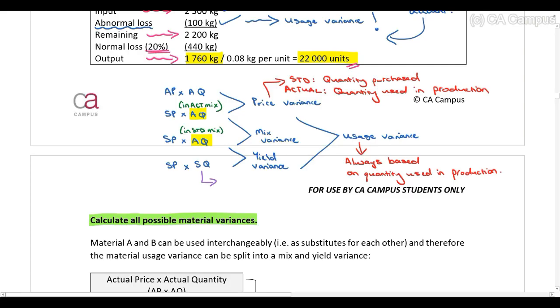So please note this standard quantity over here in all of your calculations will always be flexed to actual output. Because we always calculate variances by comparing actual results to flexed budgets, not original budgets. So this must be flexed to actual output.